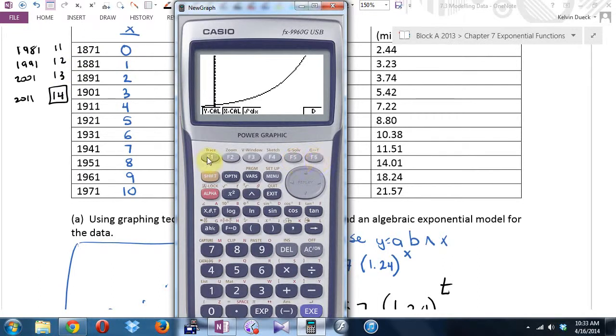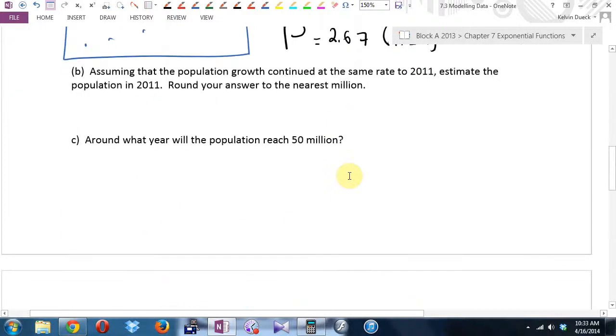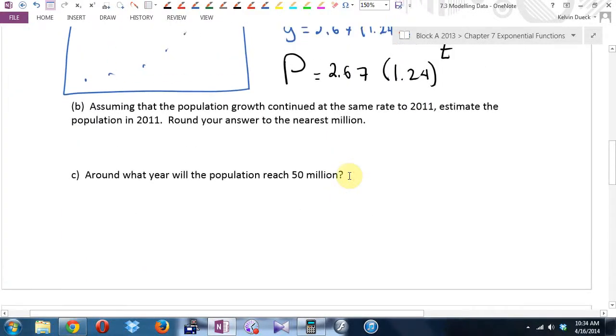I want to do a y calculation for an x value of 14. Do you guys get approximately 54 million? Yep. Is that right? So even though I have a different equation, my answers will be the same as yours. I'm just in a different base. 54 or 55 million? 54 million.